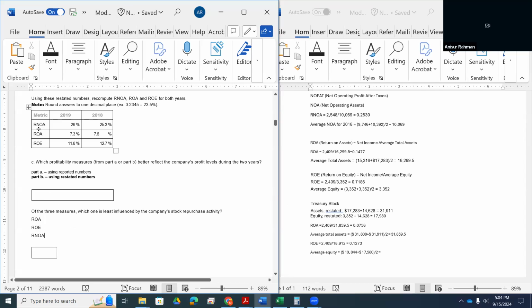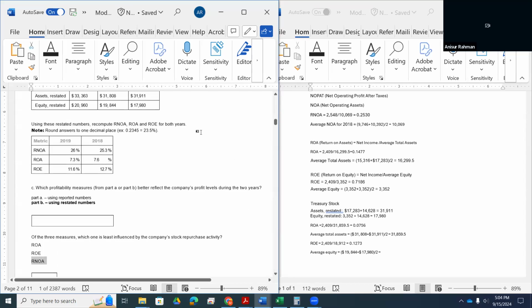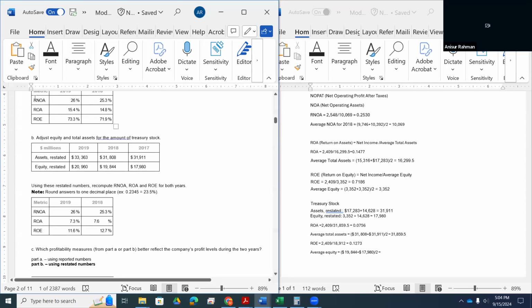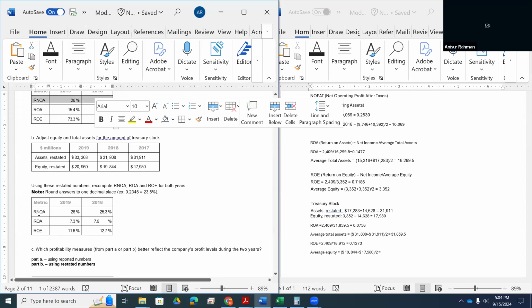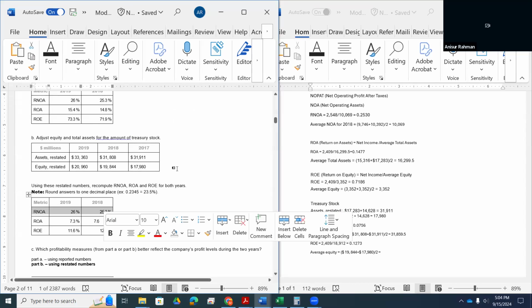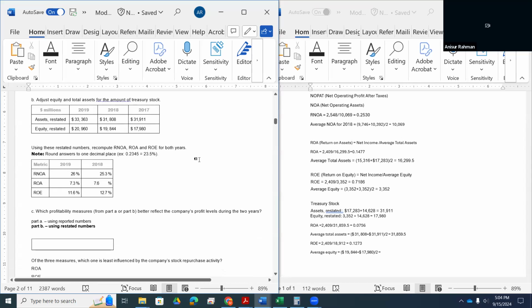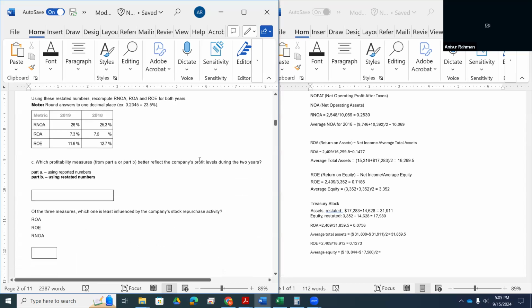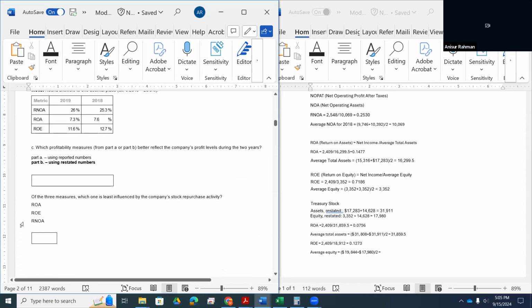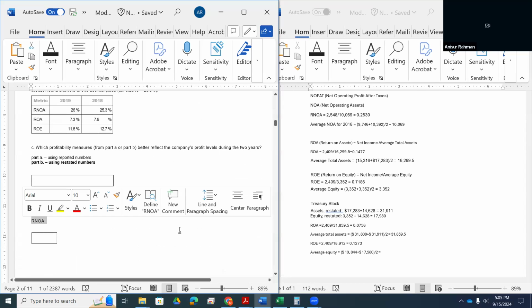However, our return on net operating assets did not change because we do not have total assets or equity in these calculations directly. So return on net operating assets is the one that is least affected.